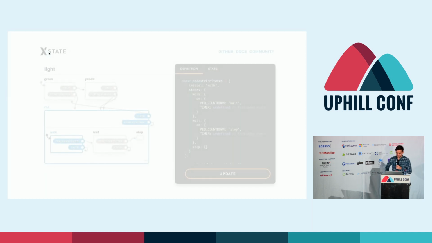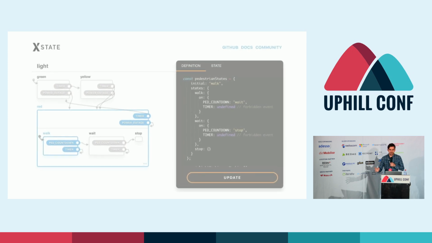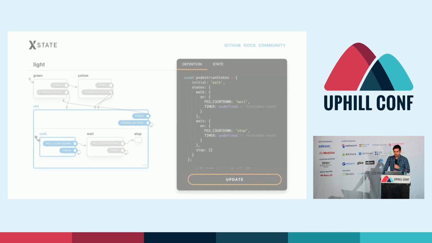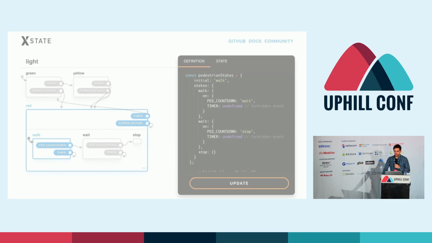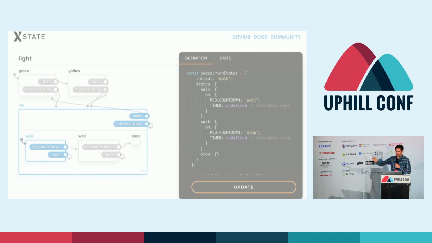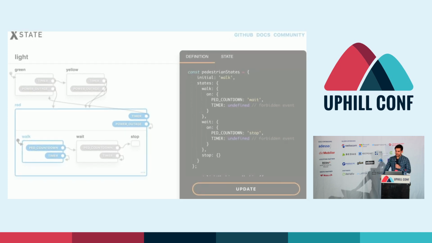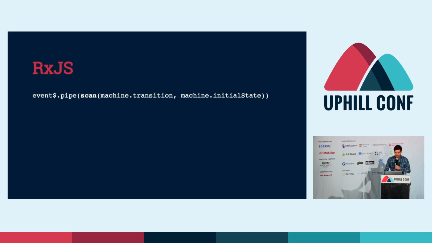So I think the visualization part is probably one of the best parts of having finite state machines and statecharts in your application. So this is all made possible because we're not just using a plain reducer. We're not just using something like Redux or NgRx where anything goes in that function, but instead we have a very structured way of delineating our states, our events, and the transitions between those states.